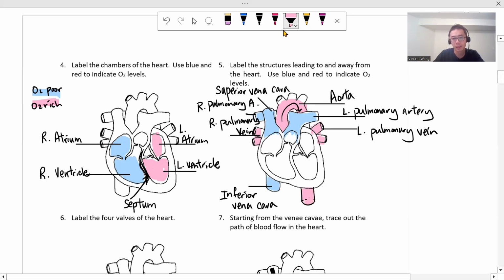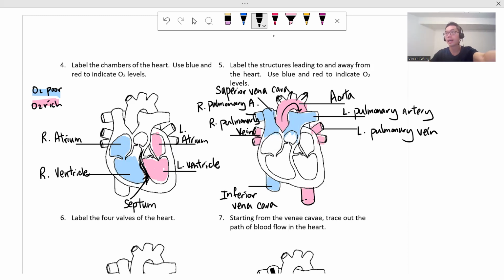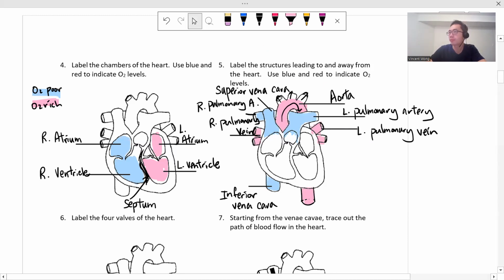And it branches into smaller ones. It goes to the right side and the left side of the body, as well as to the head, the carotid artery, you might remember from last time.